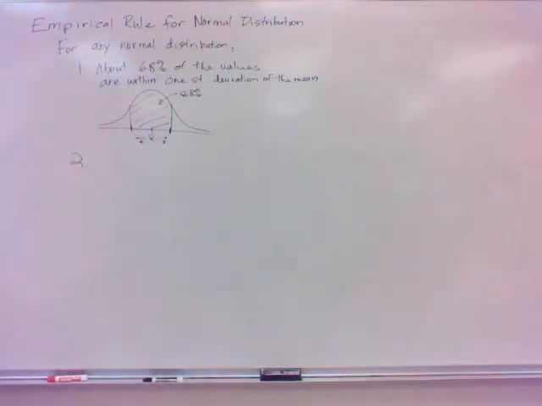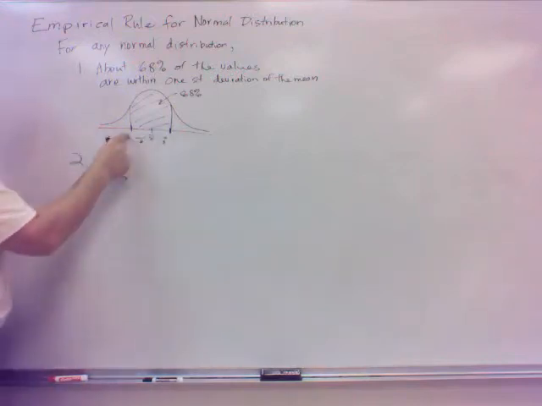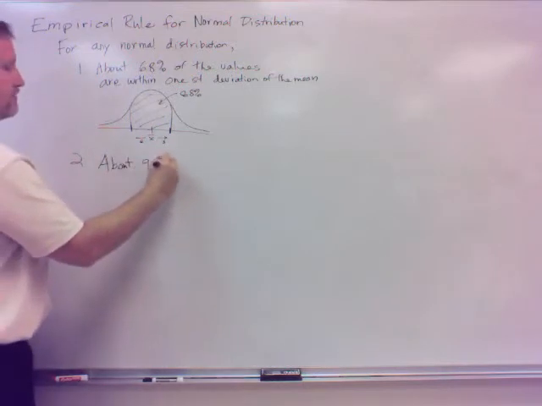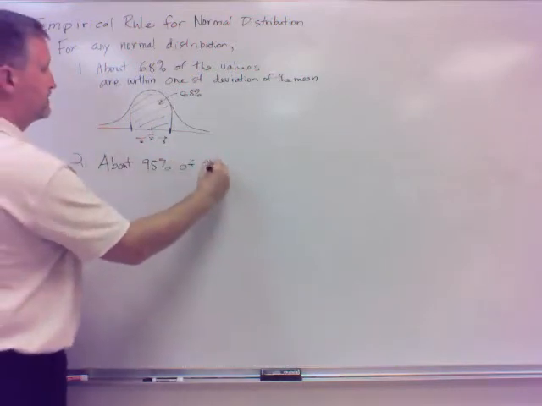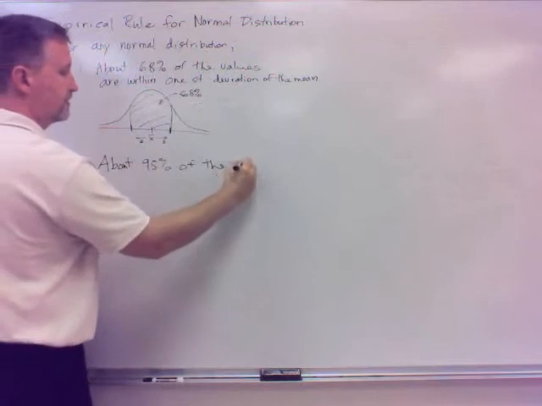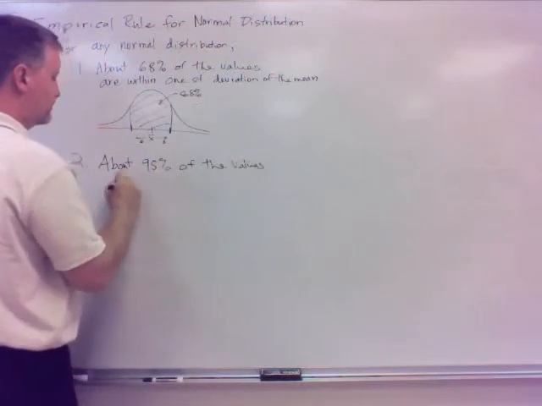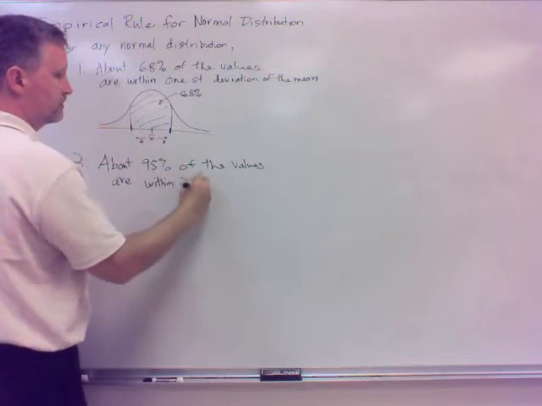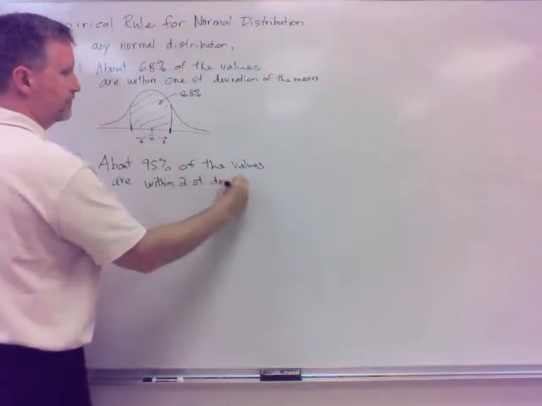Now if I go two standard deviations, so if I go another one out and another one back, that's 95%. About 95% of the values within a standard normal distribution are within two standard deviations of the mean.